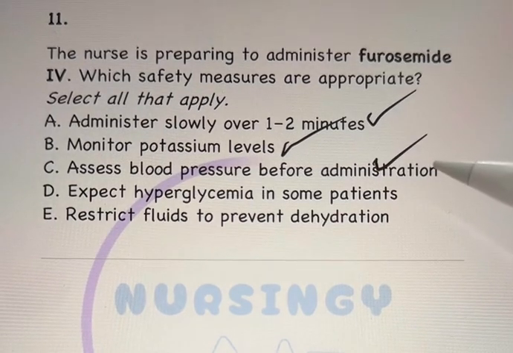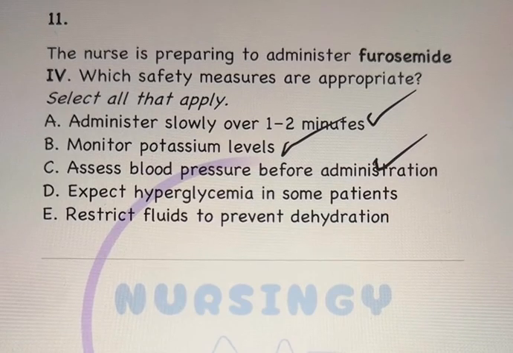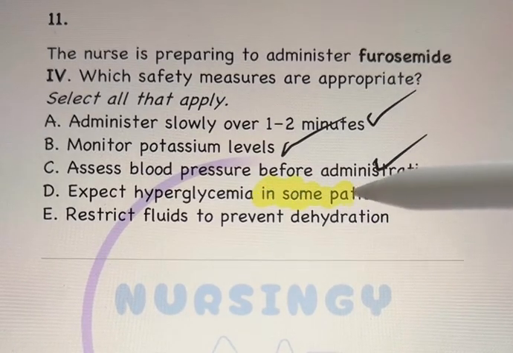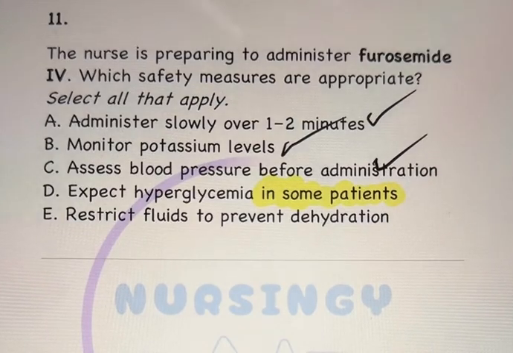Expect hyperglycemia in some patients. Okay, it's not in every patient, guys. So this is the key word here. In some patients, can we expect hyperglycemia? Yes.